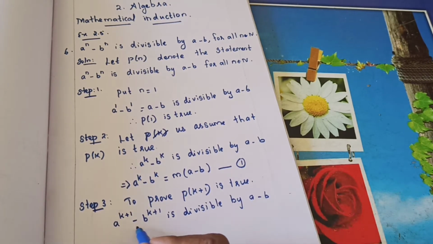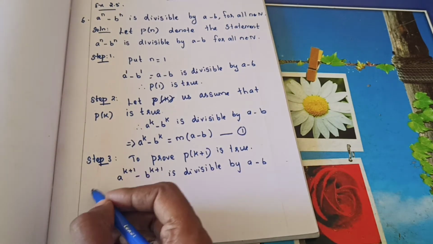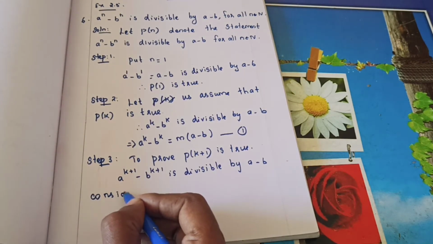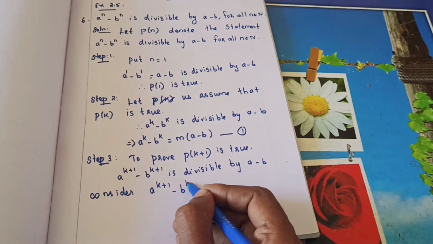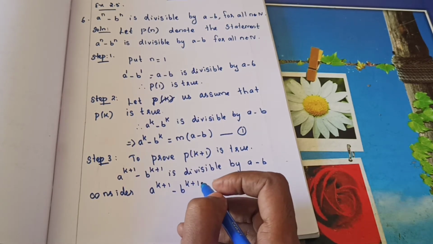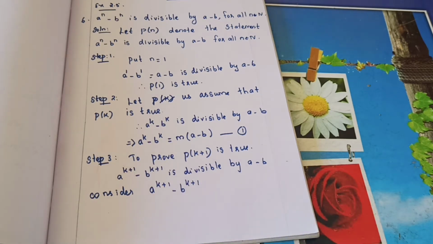Now consider a power k plus 1 minus b power k plus 1. We need to show it is divisible by a minus b. For that, what we will do is add and subtract a power k into b at the same time.